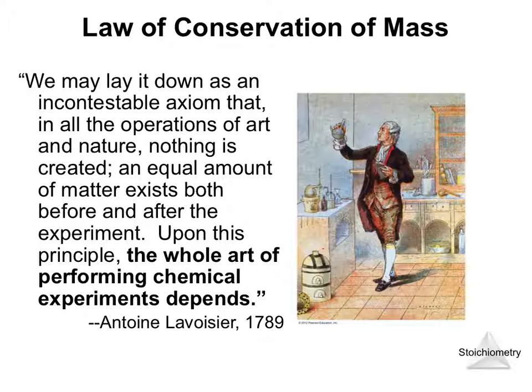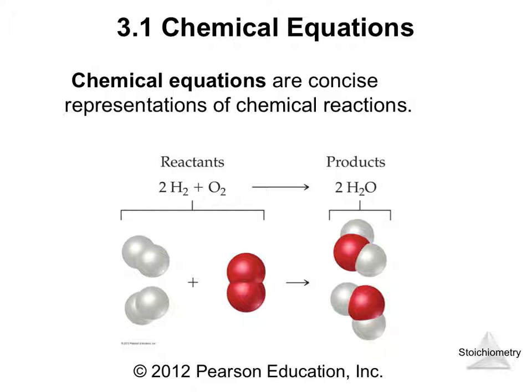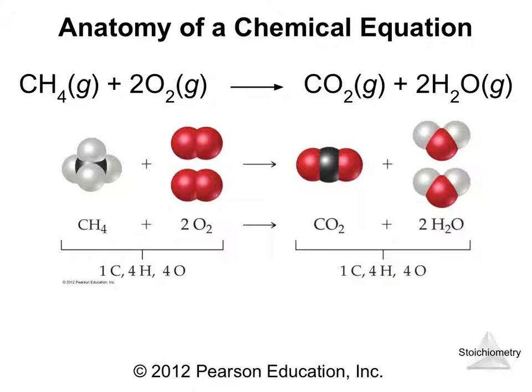So the first thing we need to do is make sure that we have the same vocabulary together for a chemical equation. So when we start off section 3.1 of chemical equations, just so that we're on the same page, a chemical equation is a representation of a chemical reaction. So there's 2 parts, what we start with and what we end with.